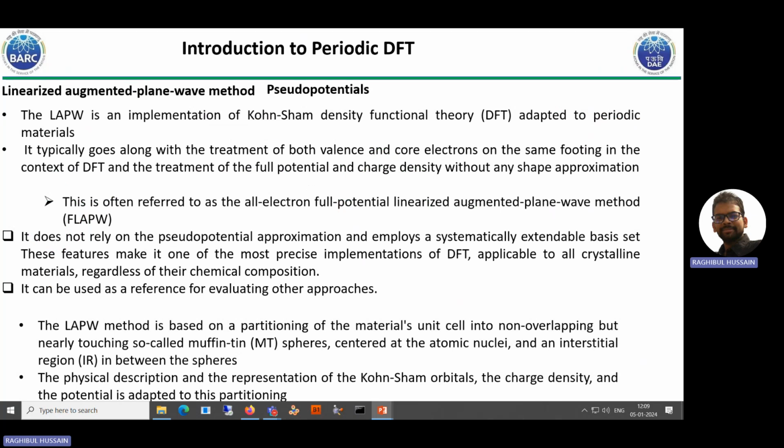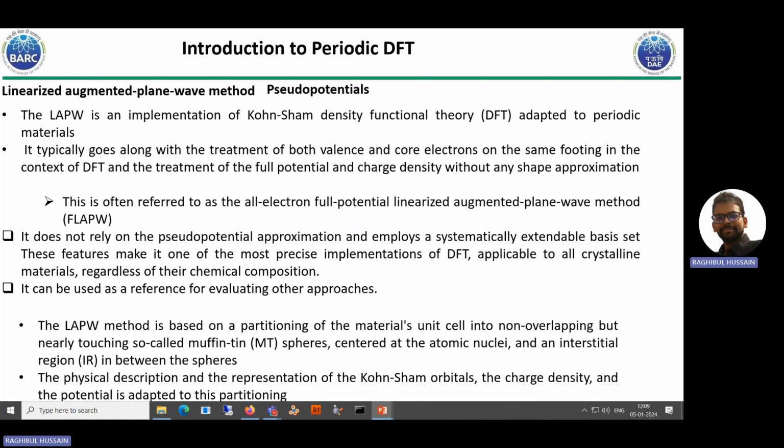But some people say they will not go for this core electron concept. They will use the full electron function, but they will generate another function which can take care of this core electron oscillation.